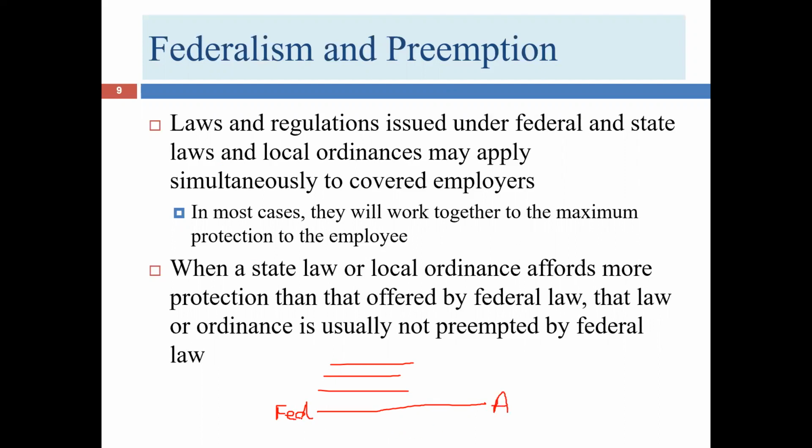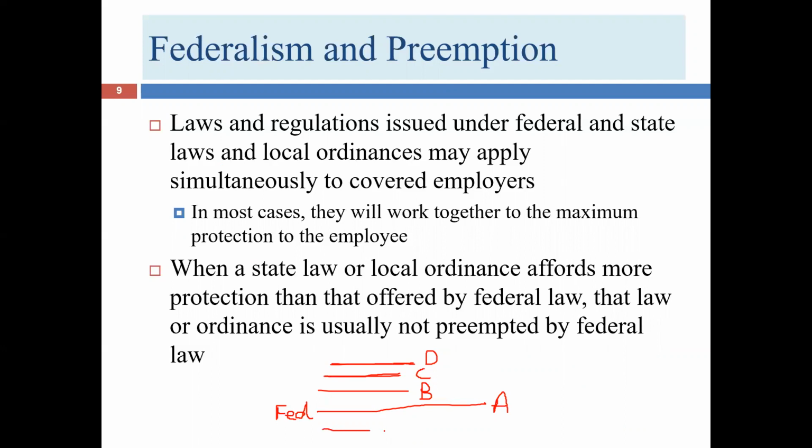It doesn't give any more protection than the federal law provides. State B gives a little bit more protection. State C gives a little bit more, and State D maybe gives the most. So in this situation, if I'm in State D, honestly, I don't really care about federal law. I care about my state law because that gives me the best protection or the best benefits. If I'm in State C, I don't get the benefit of State D protection, but I do get more benefits than I would if I were in State A or State B.